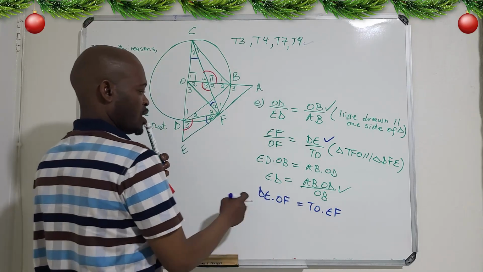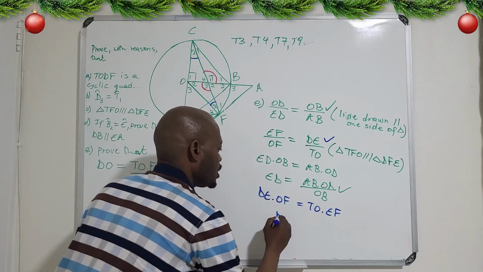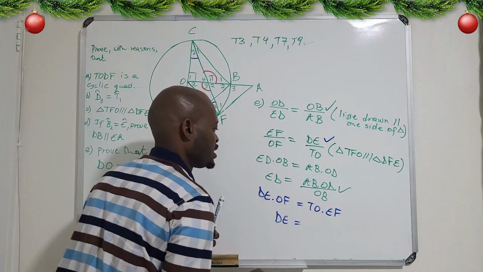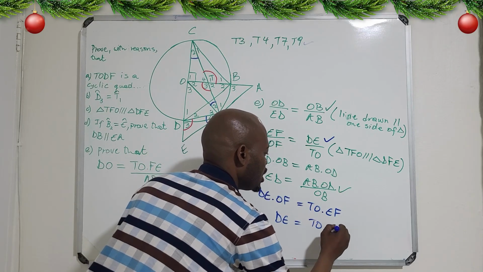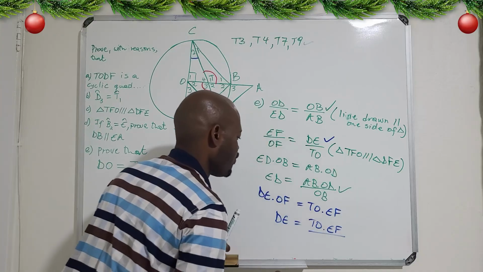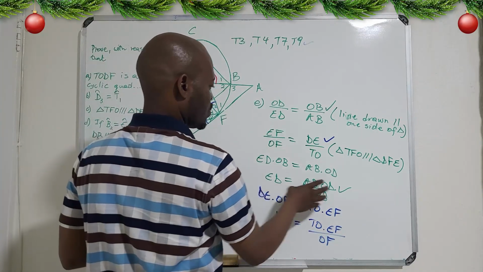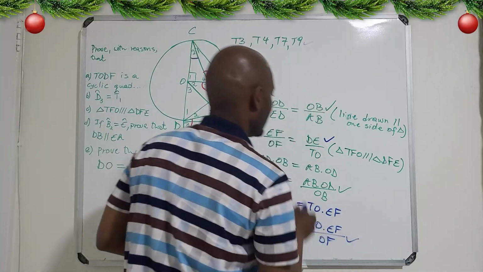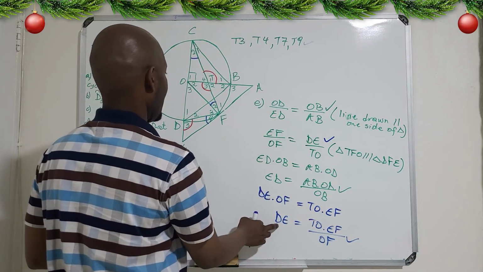I want DE, so obviously I'm going to divide by OF. Therefore, DE is equal to TO times EF over OF. Therefore, from this one, we get that here.